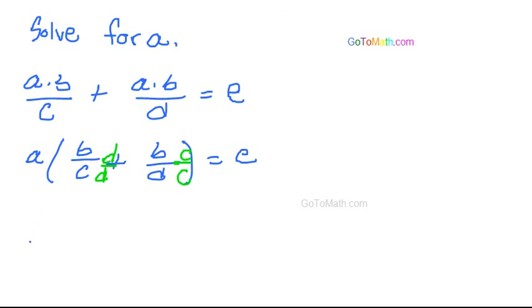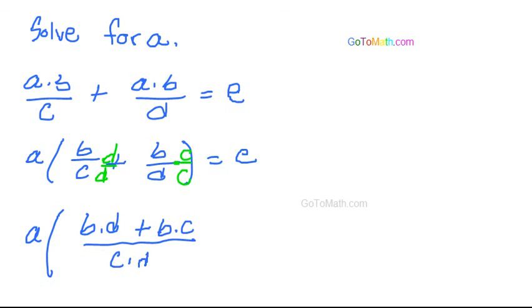See, there's nothing to doing fractions. People make a big deal out of it. B times D plus B times C, that's the numerator, and then C times D. C times D is the same thing as D times C. Hopefully you know that by now.